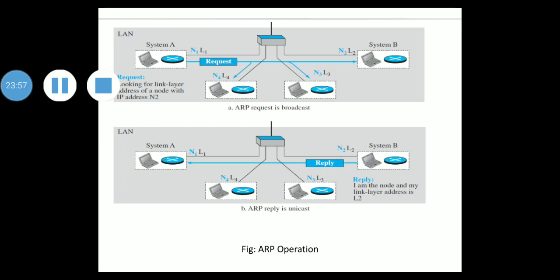This packet is received by every system on the physical network, but only system B answers it. System B sends an ARP reply packet that includes its physical address. Now system A can send all the packets it has for its destination using the physical address it received.